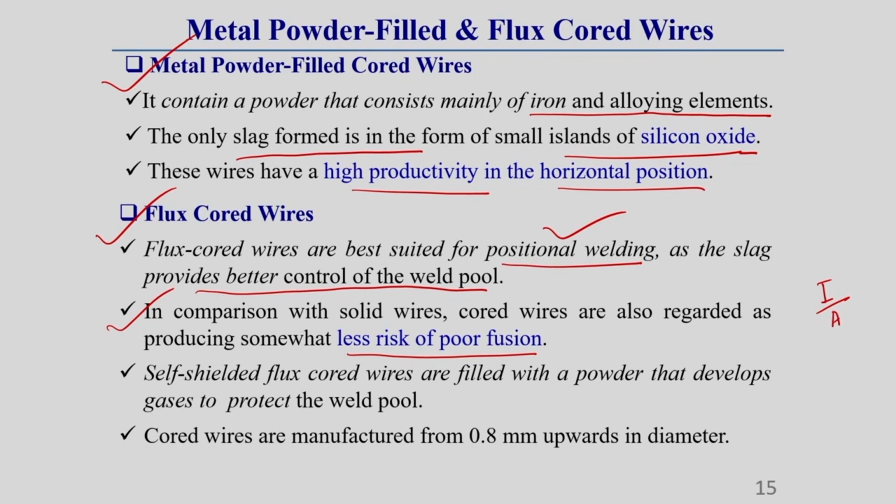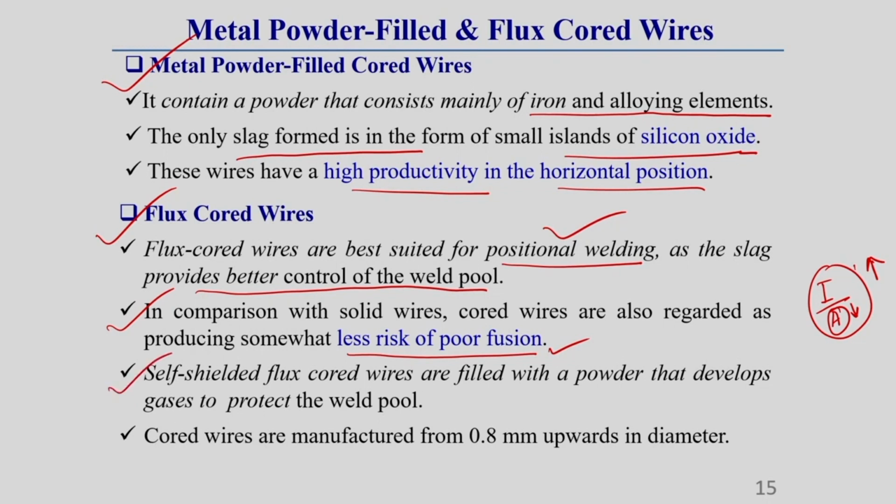Understand? But in the metal core wire, the metal also carries the current, so the cross sectional area of that wire carrying the current will be more, whereas here it is less. That is why there is less risk of poor fusion, so you can get better fusion here. You should keep this in mind.